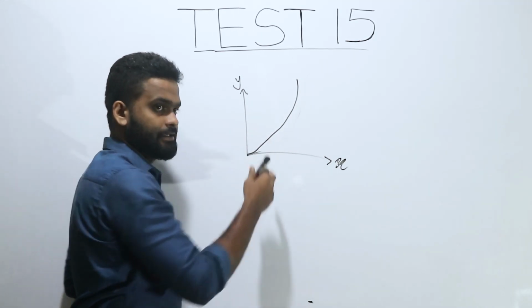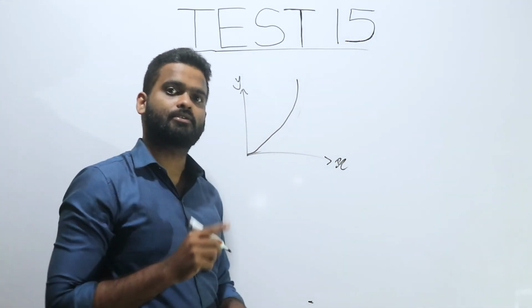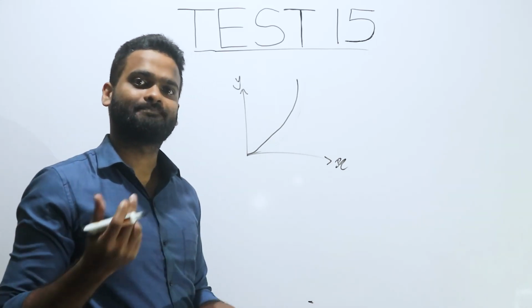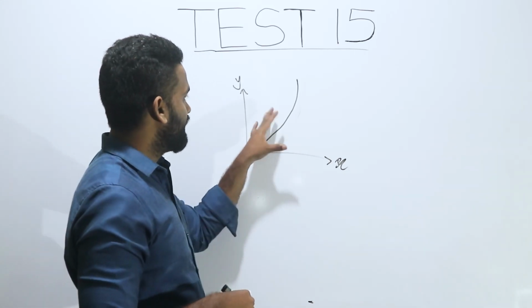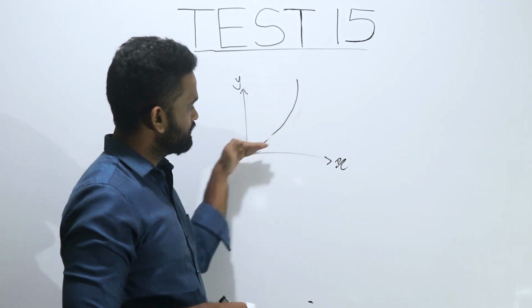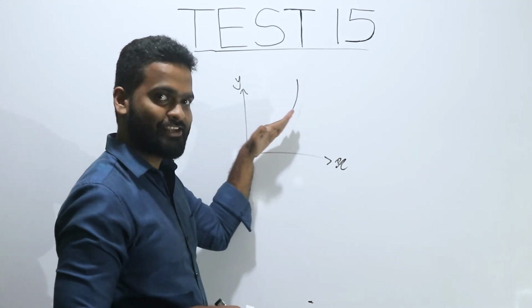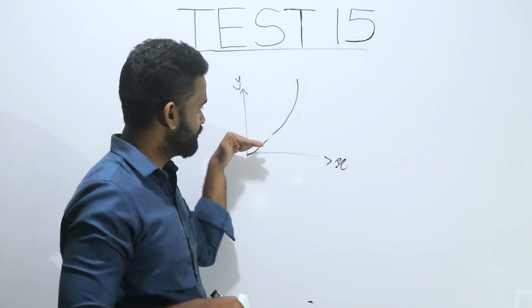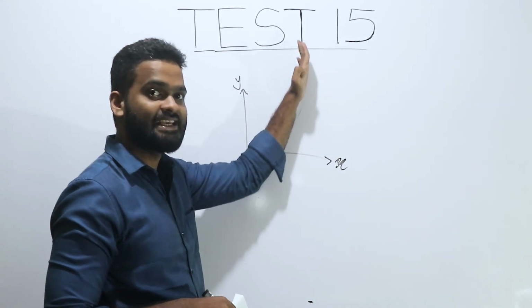If you think about the gradient of the graph, this is the most important property. The gradient of the graph is increasing, right? Just draw a tangent to each position, then you can see the gradient is increasing.